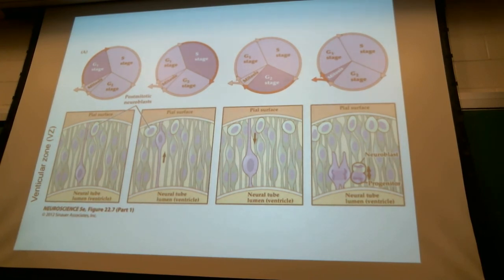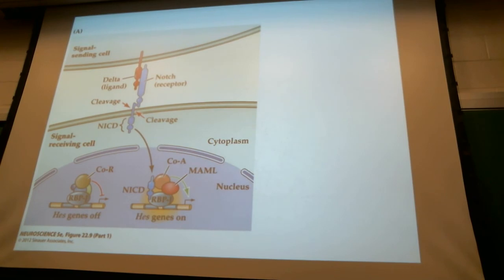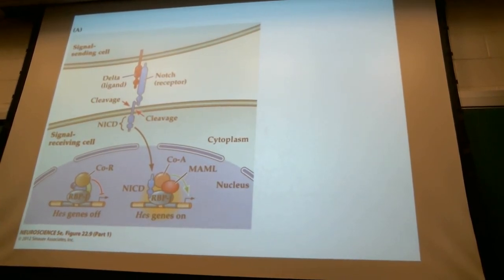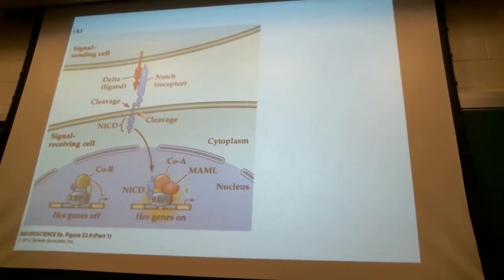So how is this neuron generation signaling done? It is done by a signaling molecule called Notch. So Notch has a ligand called Delta. Interestingly, they are both membrane proteins. So Delta is not a secreted, diffusing protein. No, it's still in the membrane of some other cell.